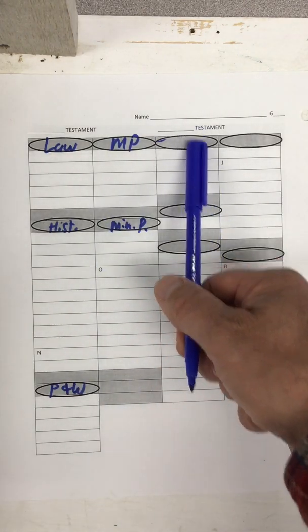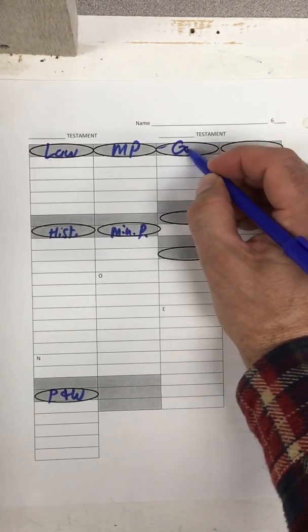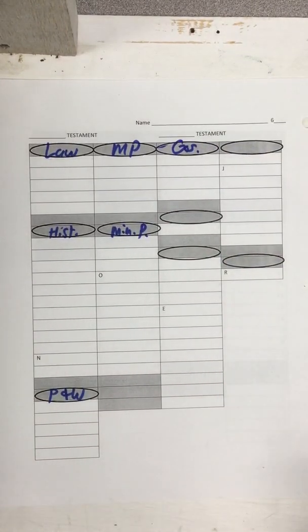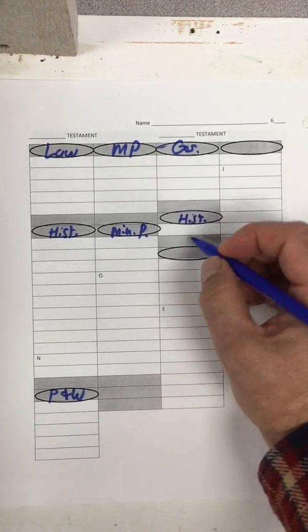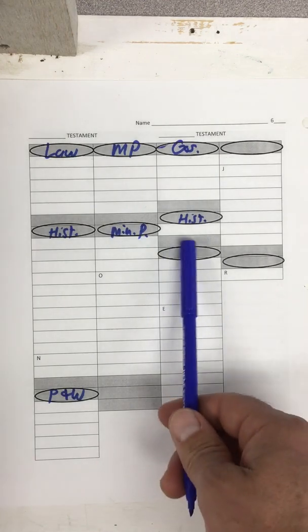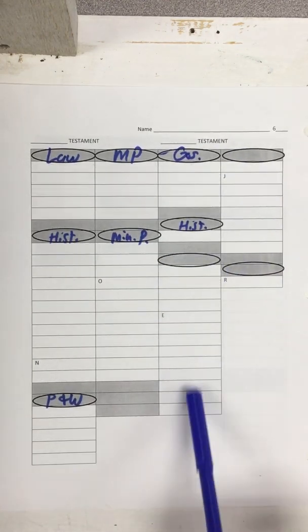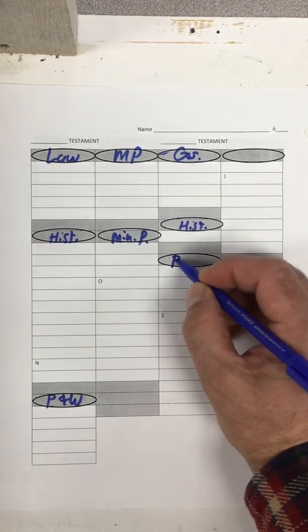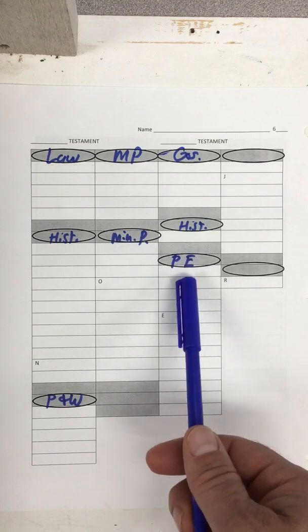Over here, it's the New Testament, and it's split up into the first part, the Gospels, Matthew, Mark, Luke, John. And then the historical is only one book, the book of Acts. Then we have a bunch of letters, and these were all written by Paul, so they were called the Pauline epistles. Epistle is another name for a letter.